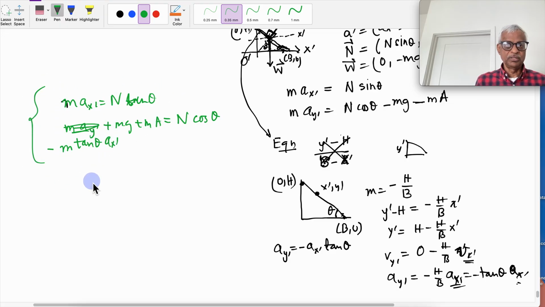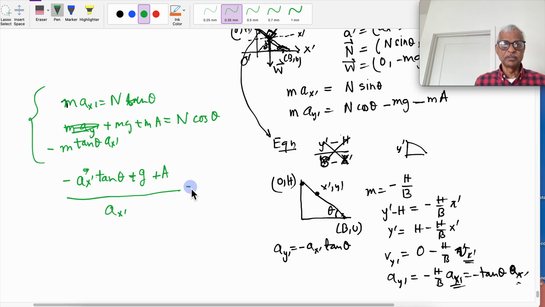The m cancels out. So you have a x prime over minus a x prime tangent theta plus g plus a, which equals this over that, that is 1 over tangent theta.